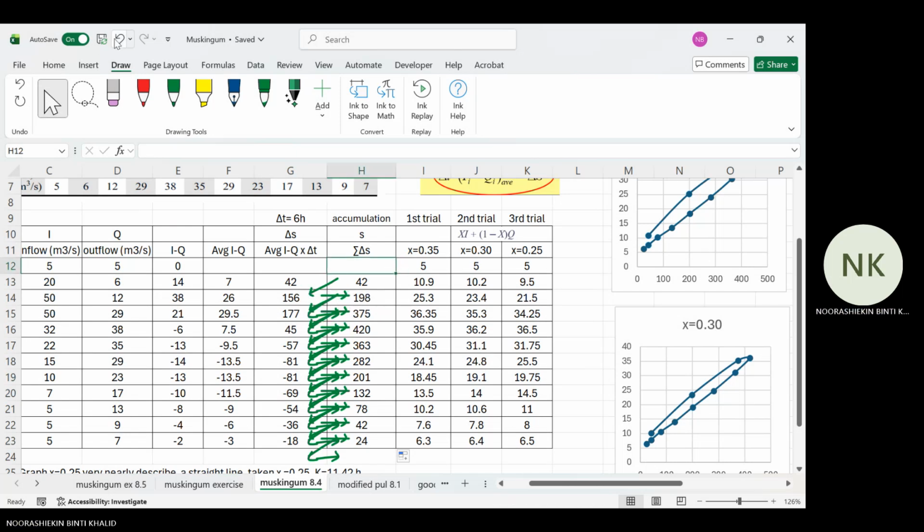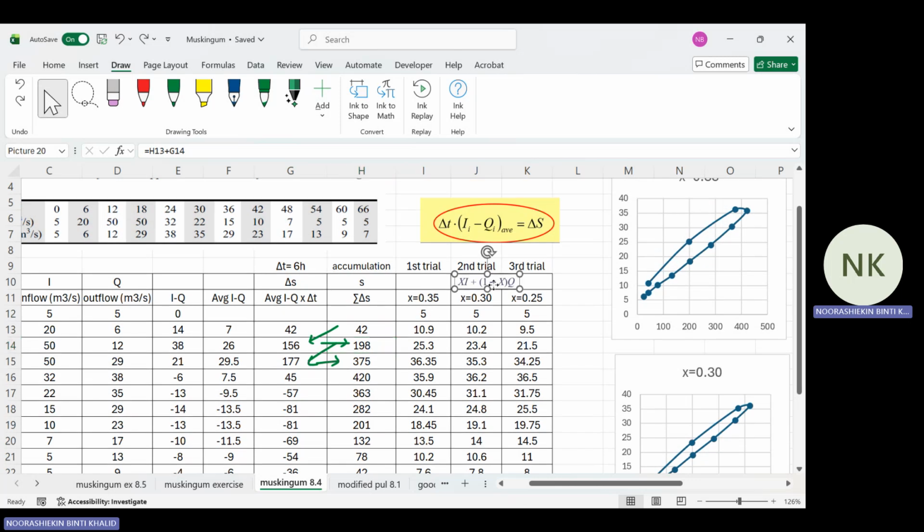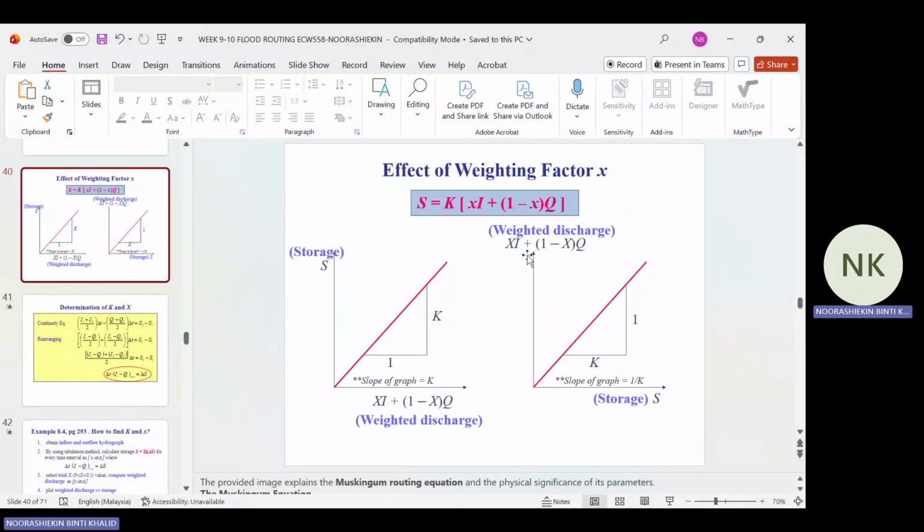Then we try to put X into this equation. If you refer to this lecture, this graph, we want to find X times I plus 1 minus X times Q. We want to plot this graph.